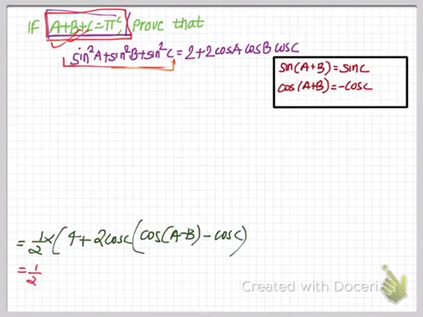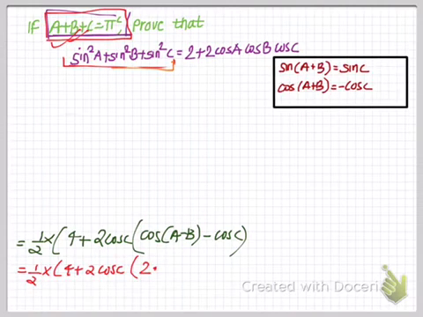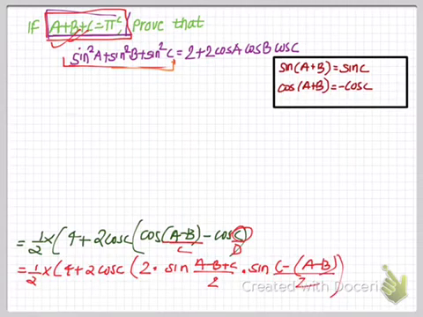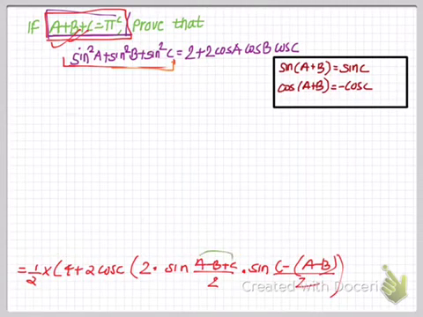So let's apply the same formula here: 4 plus 2 cos C dot 2 sine((C+D)/2) dot sine((D-C)/2). Here, sorry, our D is equal to... let's look at what we can do.